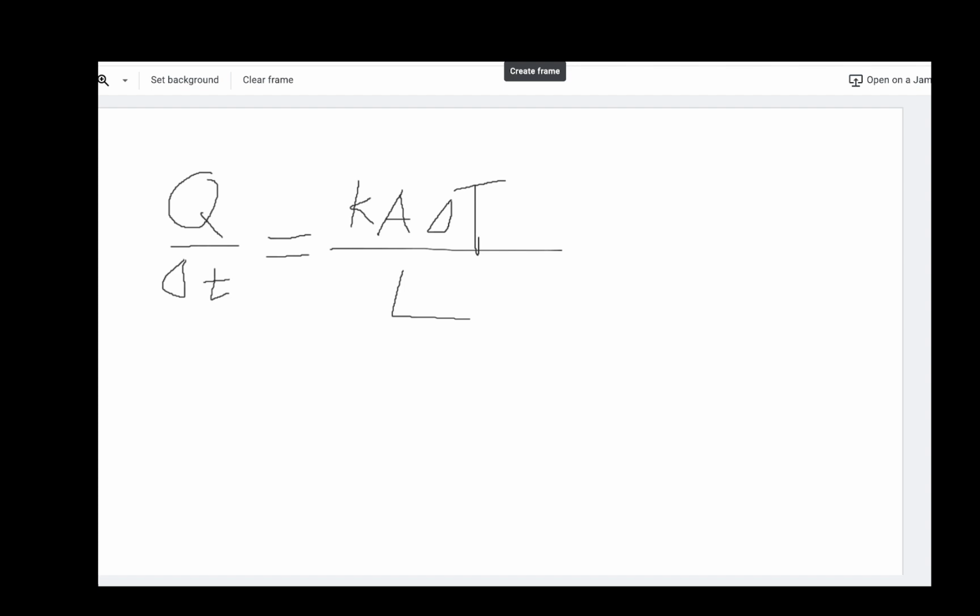And yeah, that's basically it. Is there anything that I missed, Dima? Big L, correct me if I'm wrong, but doesn't that stand for thickness? Wait, let me check. Yeah, thickness. Sorry, yeah, thickness.